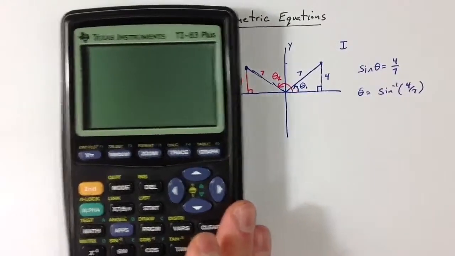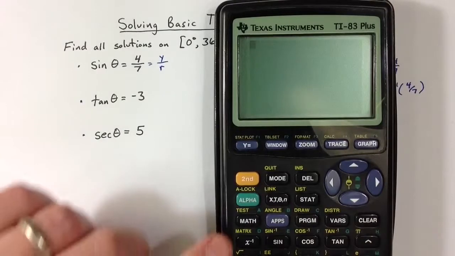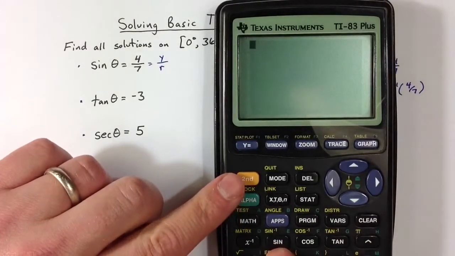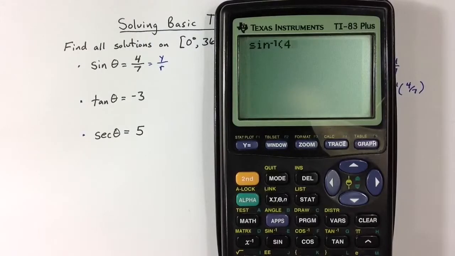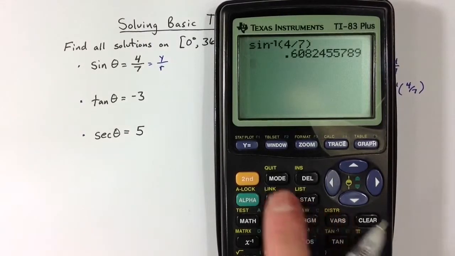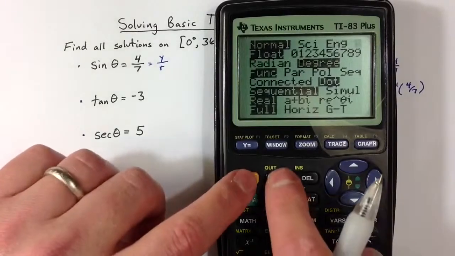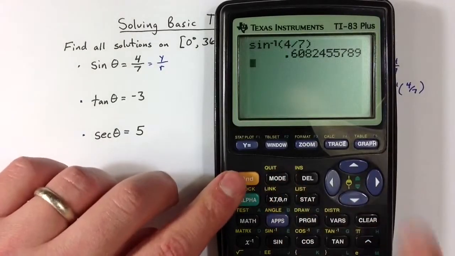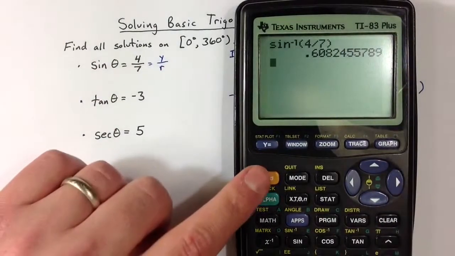And so in your calculator, we can enter inverse sine, which is the second command above the sine function, and I could enter 4 over 7. And I'm in radian mode, I think, so let me change to degree mode. Sorry about that. But it's a good thing to keep in mind, right? I want answers in degrees, and the calculator just gave me an answer in terms of radians.